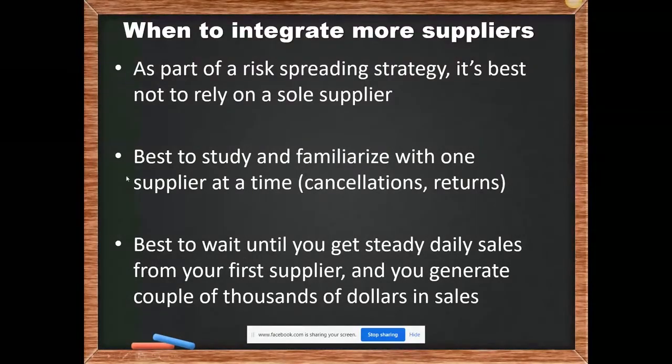So it's best to study and familiarize yourself with one supplier at a time, because each supplier has its tweaks. You want to get familiar with the cancellations, policies, returns, everything, how it works.